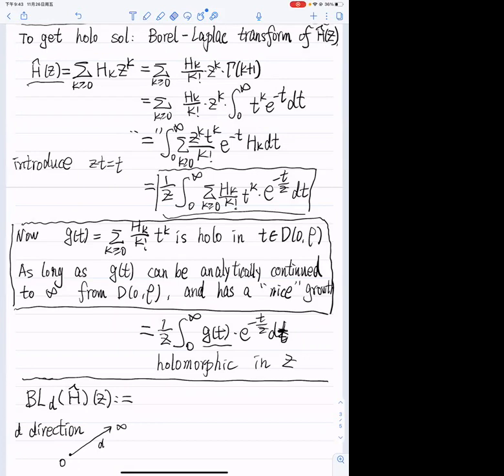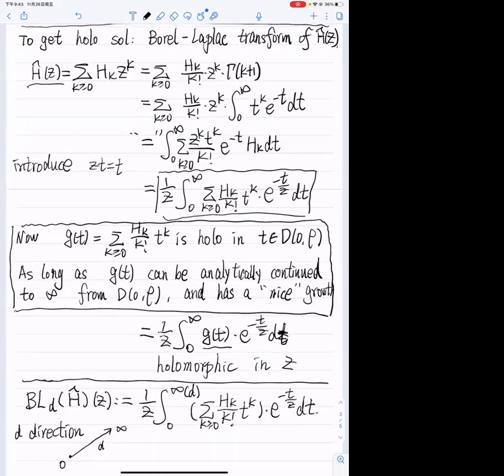So the Borel-Laplace transform of H hat is by definition 1 over z times the integral from 0 to infinity along the direction D of hk over k factorial t to the k, which was called gt before, times exponential minus t over z, dt.